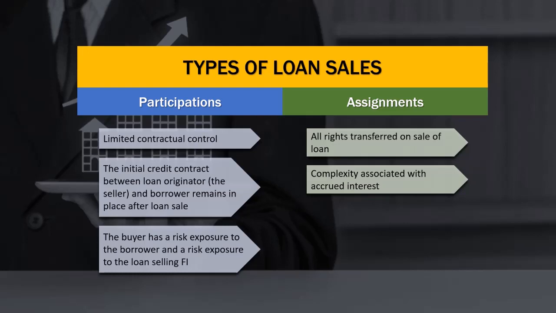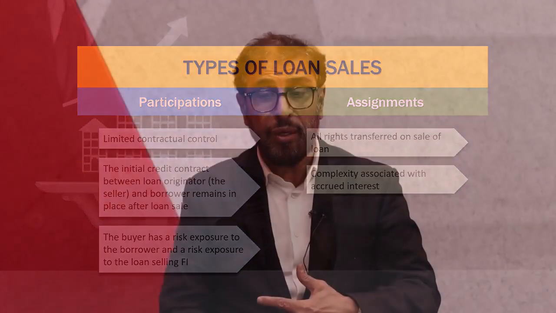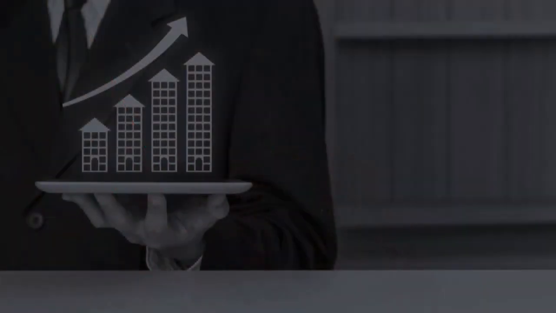And therefore, the common practice now in banking is actually sale with assignment. Now, let me just add two terms. When you want to connect assignment, please connect it with the term selling without recourse.